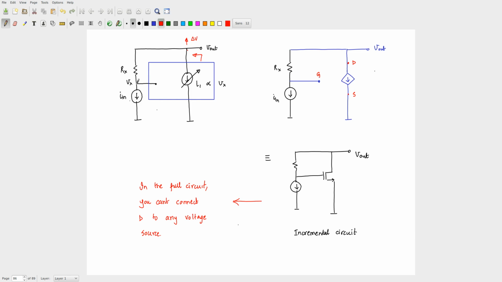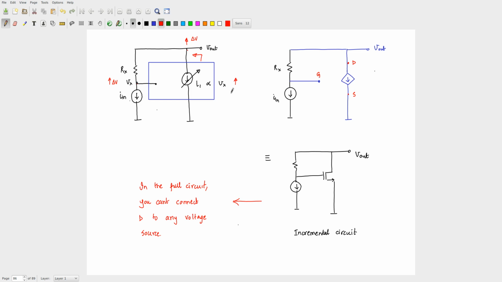This voltage will also go up by delta V. Then because this voltage has gone up, this current will go down, or rather the current magnitude will go up, the direction is down, right? So this current will go up by how much?